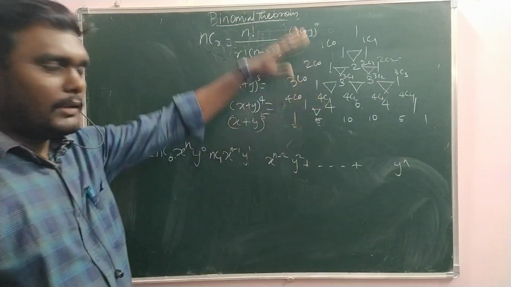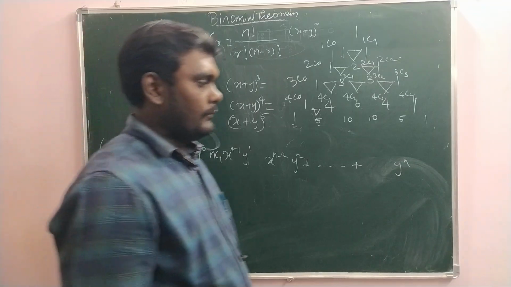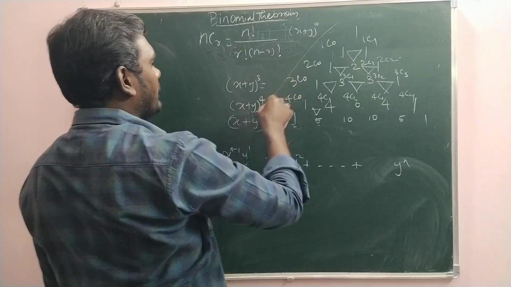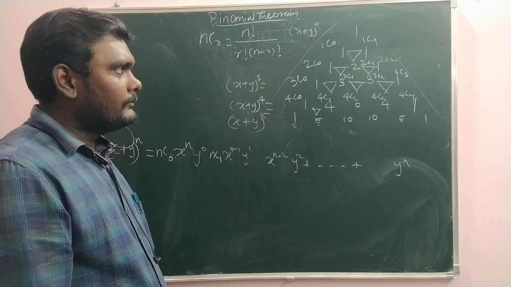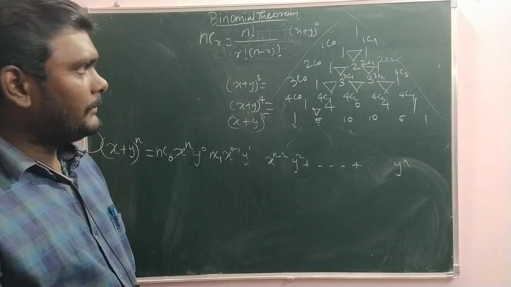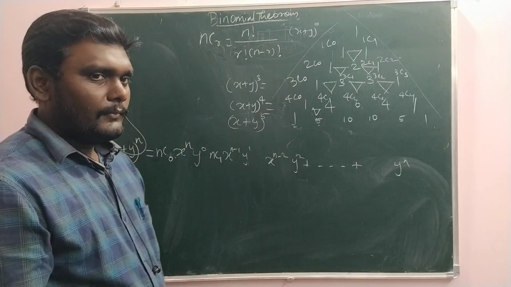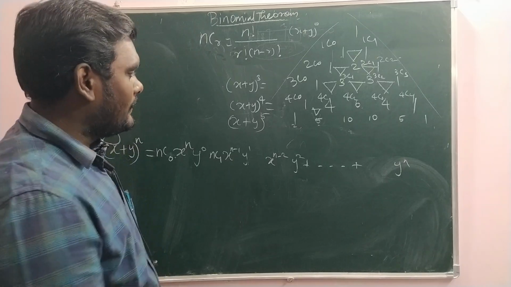You observe the pattern. Now, this is in the shape of a triangle. You noticed? See, this is in the shape of a triangle. That triangle, we call it Pascal's triangle.